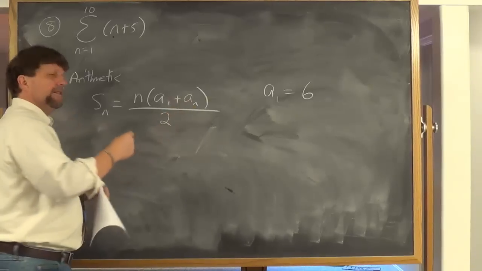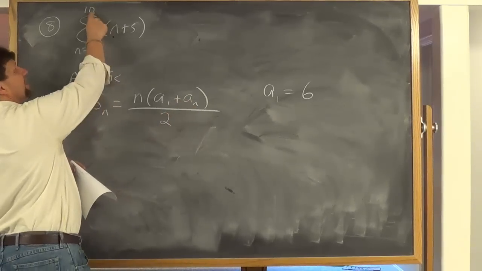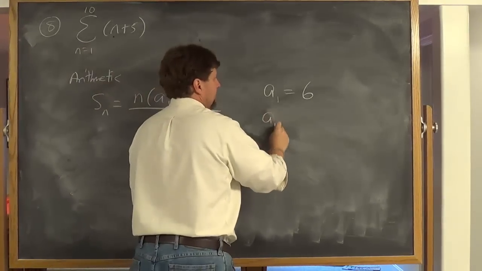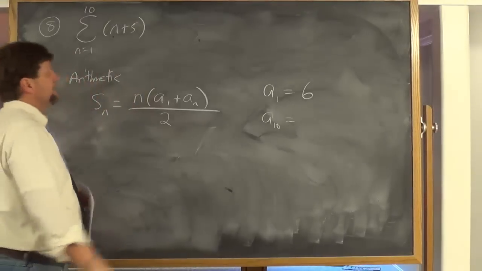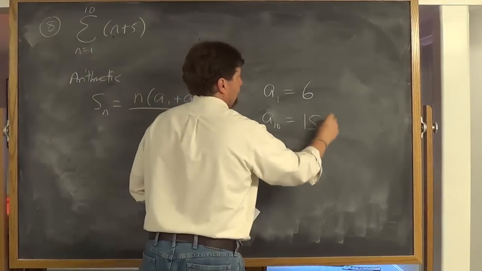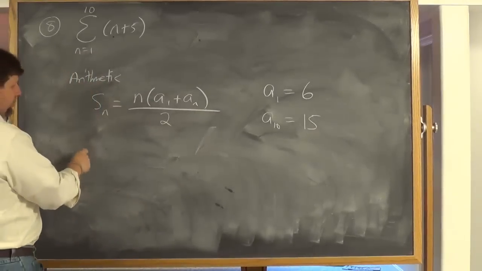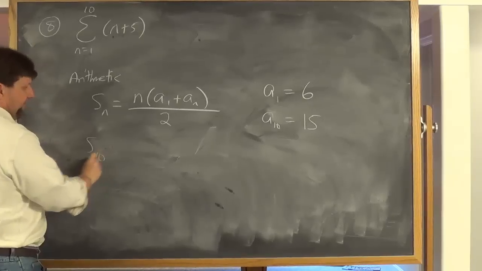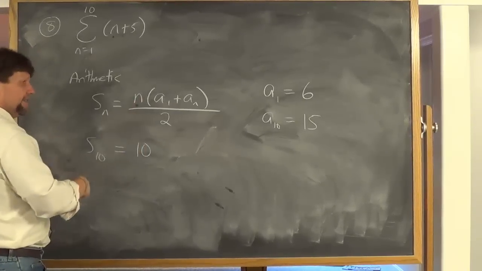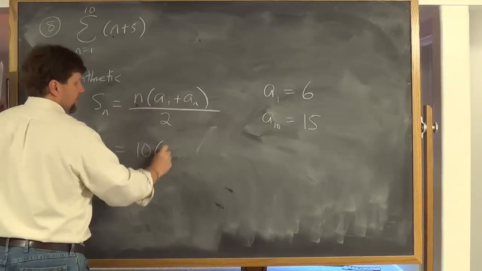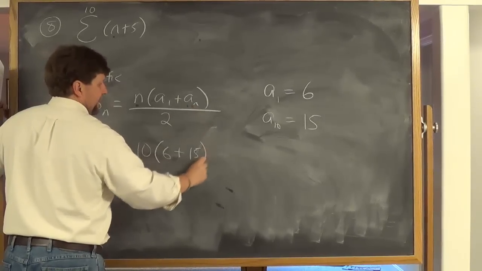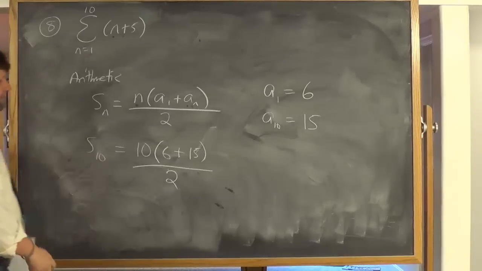Now, a sub n, since we're adding up the first 10 terms, would be a sub 10. And a sub 10 is 10 plus 5, which is 15. So to use our formula, the sum of the first 10 terms, s sub 10, is equal to n, which is 10, times a sub 1, which is 6, plus a sub n, or a sub 10, which is 15, all divided by 2.